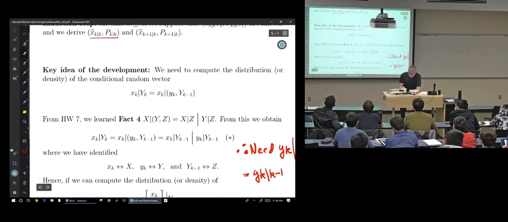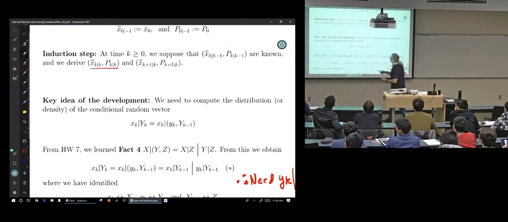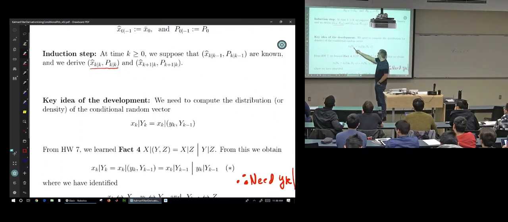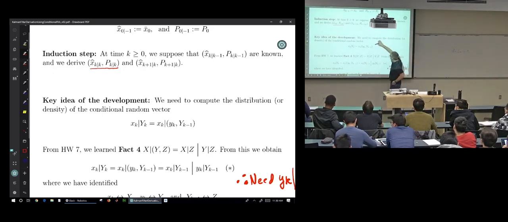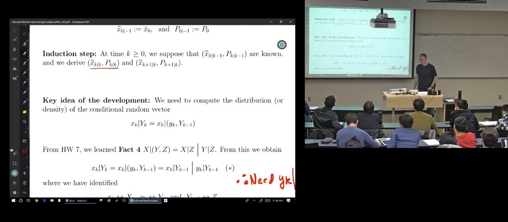That is simply the mean and covariance of xk given capital Yk. So we use our trick of writing this as xk, little yk, big Yk minus 1, and get x conditioned on Yk minus 1, and the measurement conditioned on all of the measurements up to time k minus 1.